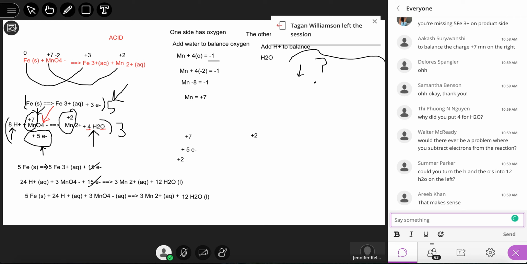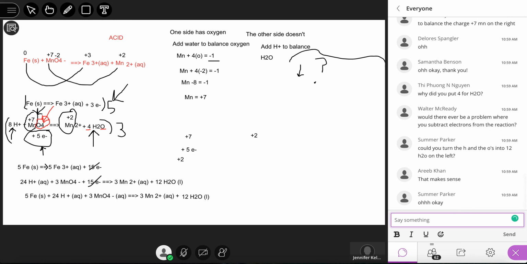On the left, you couldn't, and the reason you couldn't is because if you put 12 H2O on the left, our oxygen would still not be balanced, and it wouldn't indicate that it's in an acid. It would indicate that it was in an aqueous solution. So we put the H plus there because it's in an acid solution, and this is just showing that we have acid in there.